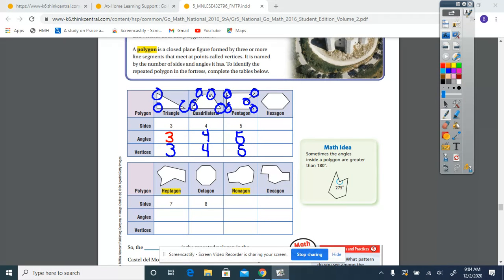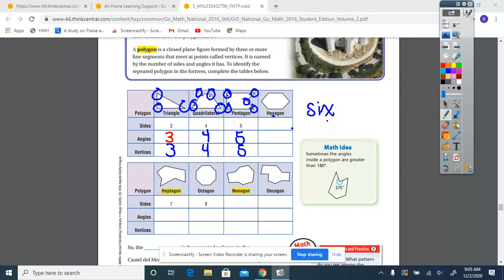Now, hexagon is a little bit tricky. The way that I remember hexagon is the word hexagon has an X in it, and so does the word six.